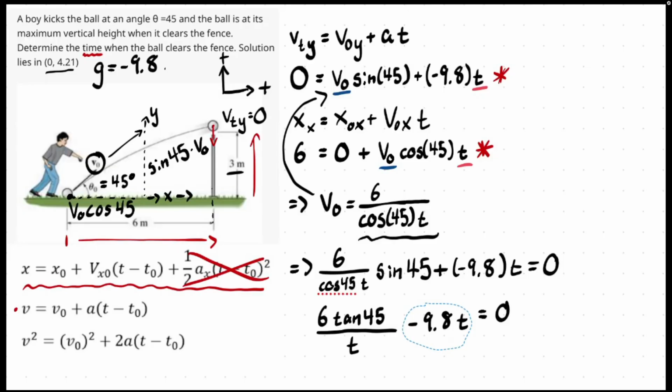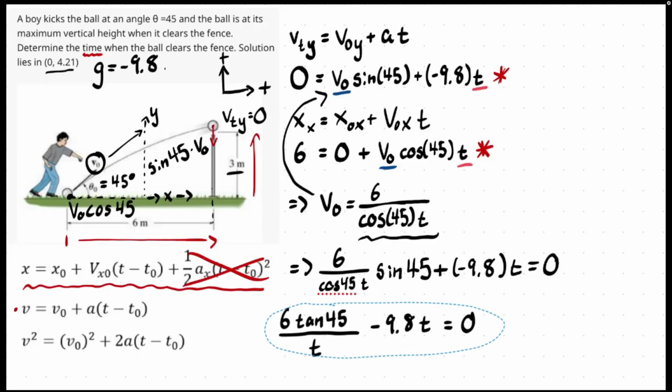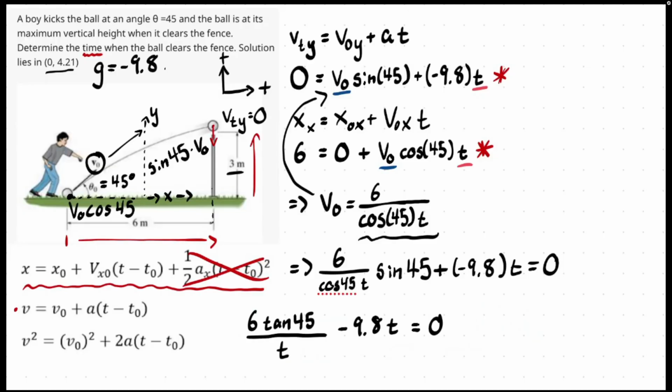And we can do some algebra here. So let's see what we can do. Let's say we're going to bring this to the other side. I need some space here, so I'm going to move this over just a tiny bit. So let's continue this here. I'm going to move the 9.8 over to the other side and make it positive.